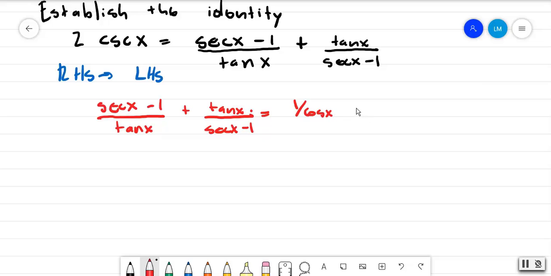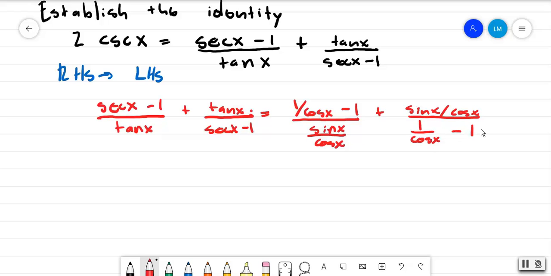So 1 over cosine, minus 1, and then that's all divided by sine of x divided by cosine of x. This is going to be the same thing, so sine of x divided by cosine of x, and all of this is divided by 1 over cosine of x minus 1. Now, it looks like I can just multiply by cosine on top and bottom.